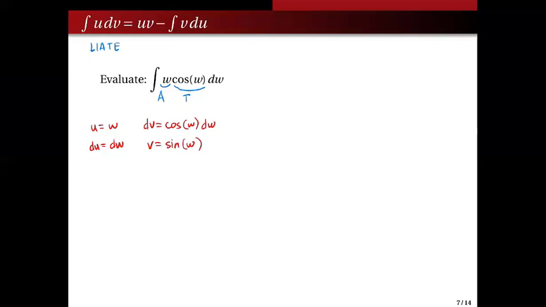Okay? Therefore, if we do this, you have uv, so this will be w sine w minus the integral of v, this is sine w, du, which is dw.